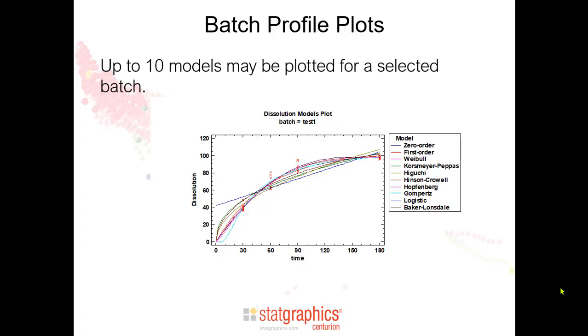Statgraphics will also plot the fitted models for a selected batch. Here you see the fitted models for the batch equal test 1. Notice that some of the models pick up the shape of the dissolution profile much better than others.